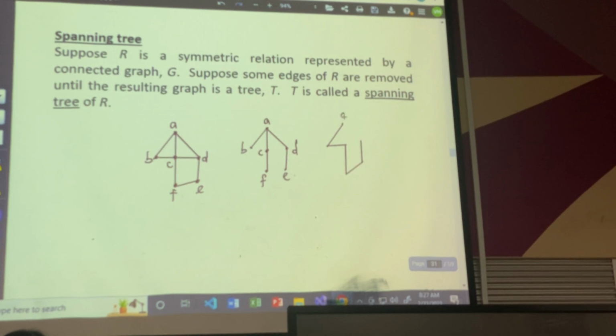So here is A, B, C, F, E, D. Remove AC, remove AD. So this is another possible tree, right?